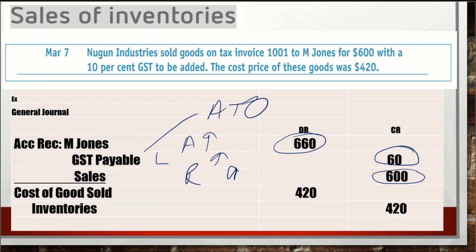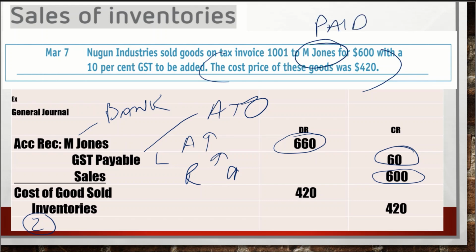Very important, part two, or step two. The customer walks out of the shop. Just think of your supermarket. The sale took place, the customer walks out. In this case, he did not pay us, so bank is not involved. And that's the difference. If you had a cash transaction, pretend Jones paid us, then you would have debited bank, you would still credit GST payable, still credit your revenue, sales, right?